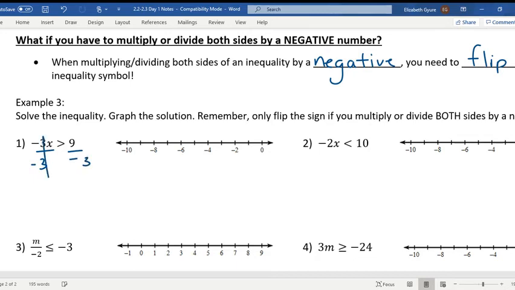So my -3's are going to cancel, and I'm going to have x. Now, is this a situation where I'm dividing both sides by a negative? Absolutely. So if I divide both sides by a negative, my greater than is going to switch to a less than. And 9 divided by -3, a positive divided by a negative is a negative.